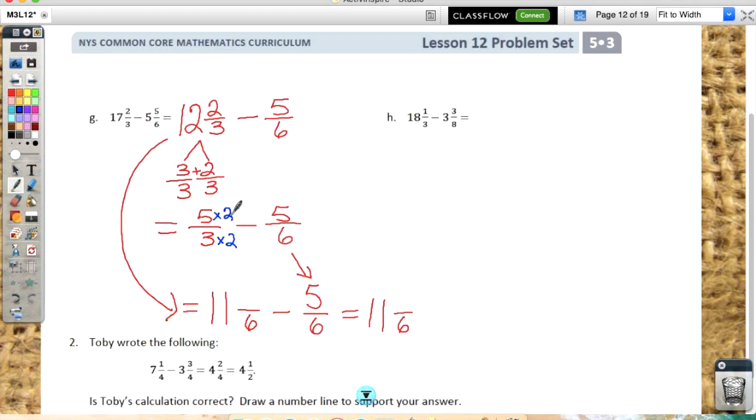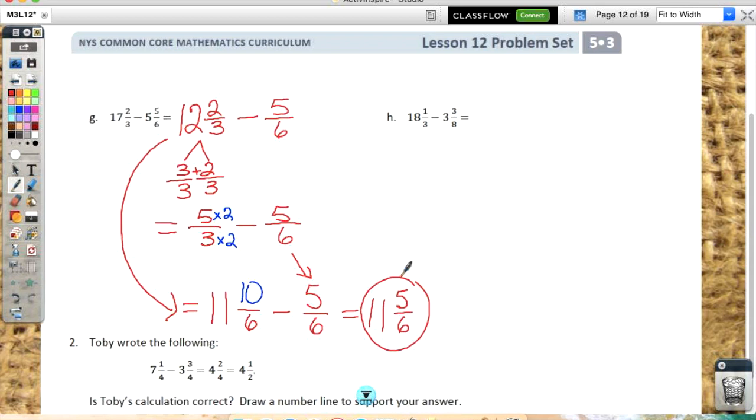So 5 times 2 equals 10. So now I'll do 10 minus 5. How you doing? Now, if you would have chosen 18, you would have had to divide by 3, I'm guessing. And if you would have chosen 12, you would have had to divide by 2 to simplify it. So we chose 6 so we wouldn't have to simplify.